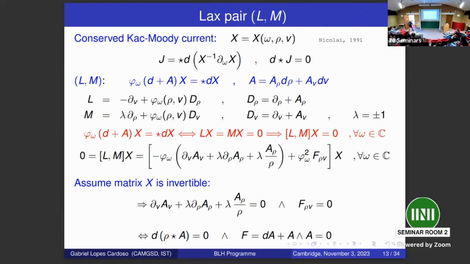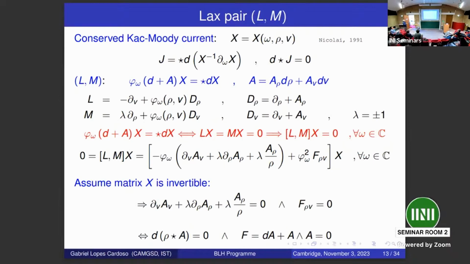Can I ask you, I'm happy to believe it, but is there some intuition behind why this current is a good current to write down, where it comes from? There is some intuition in Nicolai's paper, indeed.